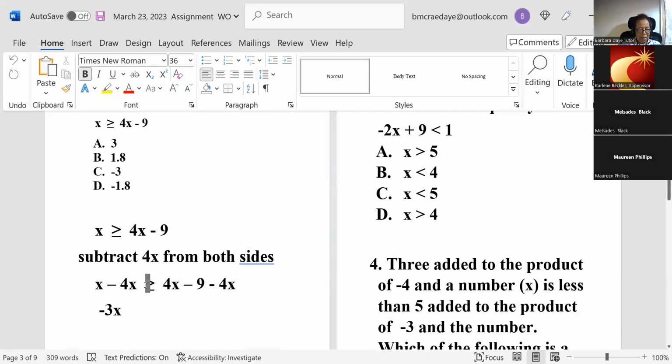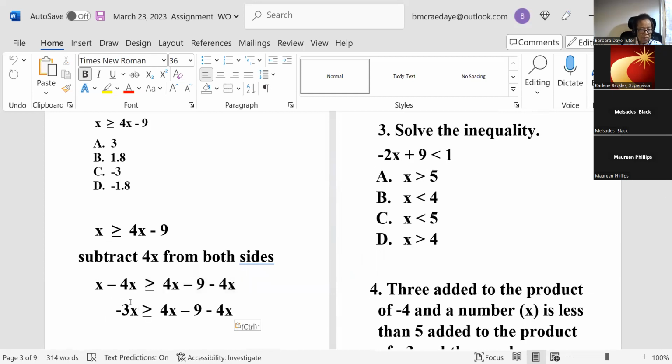On the right side, now I have... Copy this. Tell me, once you subtract out that 4x, what do you have? 4x minus 4x is 0. So this is 0, right? So we can take that out.